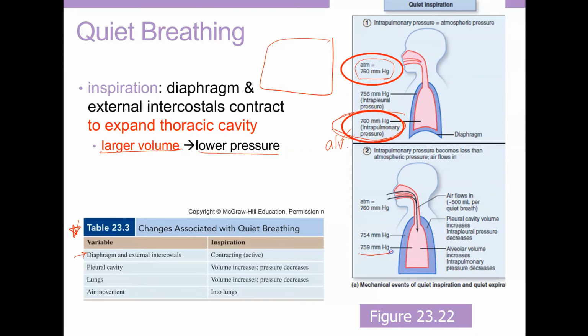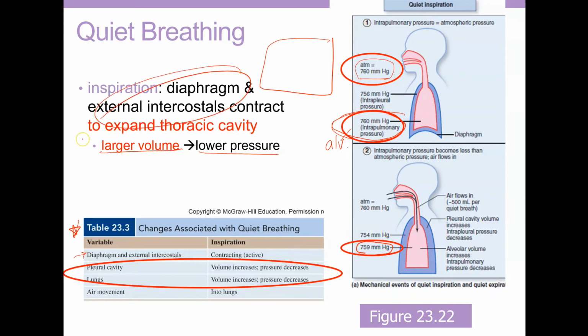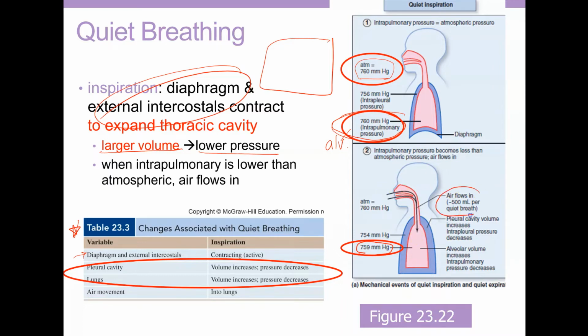If you look here, it's lowered by 1 millimeter, but that's enough to make a difference. So when you get that lower pressure due to the larger volume because you've expanded your chest cavity, that is then going to make the air flow in. So that's why you see the black air arrows flowing in, and it's about 500 milliliters or half a liter for every quiet breath.